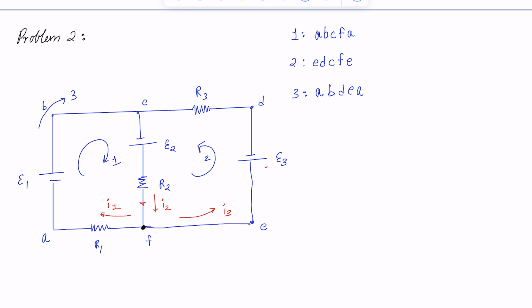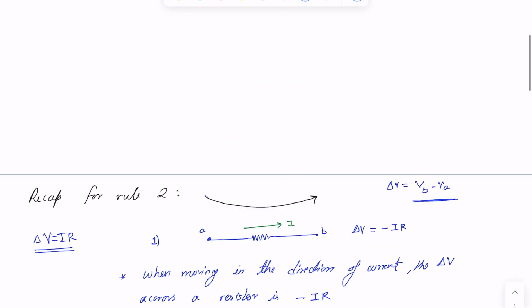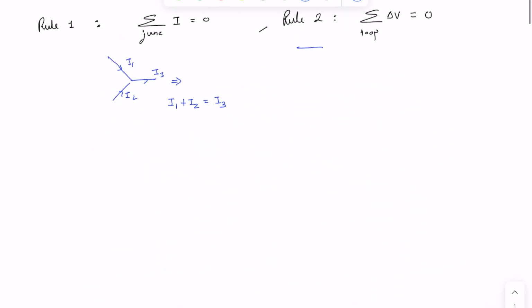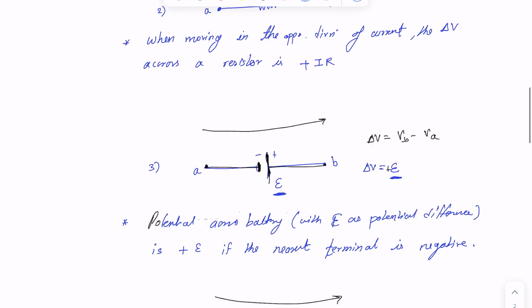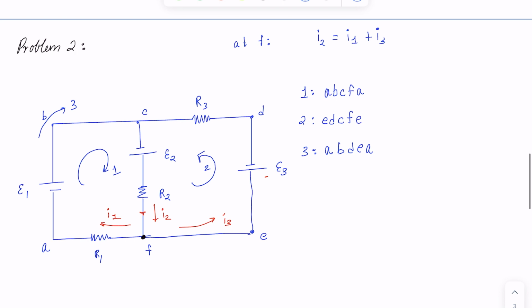Now before even thinking about these loops, let's write down the equation using the junction rule, and that says that at node F, I2 will be equal to I1 plus I3, right? That's what we have seen here. That's what the junction rule is. I2 equals I1 plus I3.